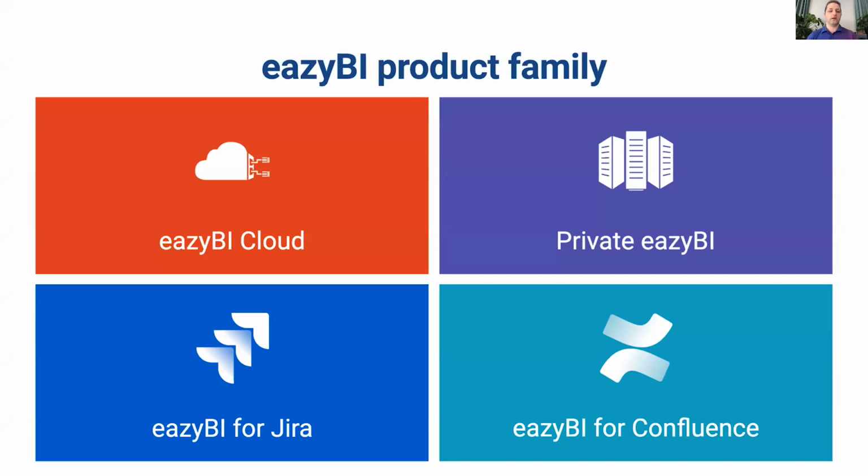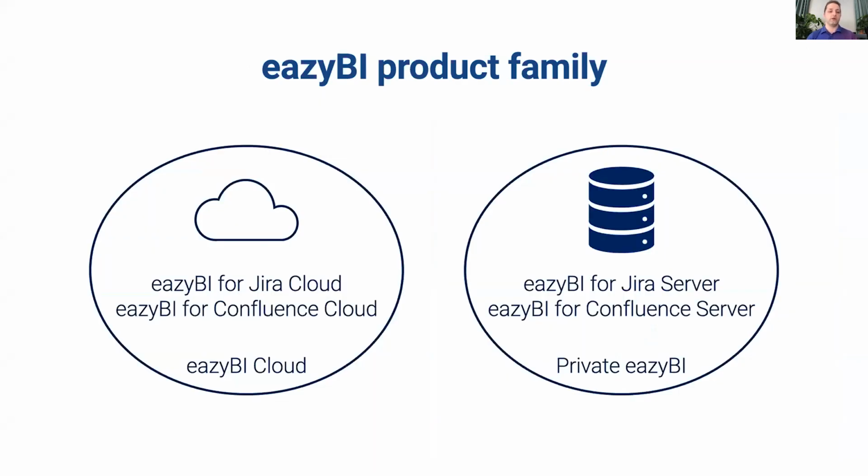So, at the beginning, this is the eazyBI product family. We have 4 products: eazyBI Cloud, Private eazyBI, eazyBI for Jira, and the last addition to our product family, eazyBI for Confluence. But the products can be divided a bit differently: cloud versions and server versions.